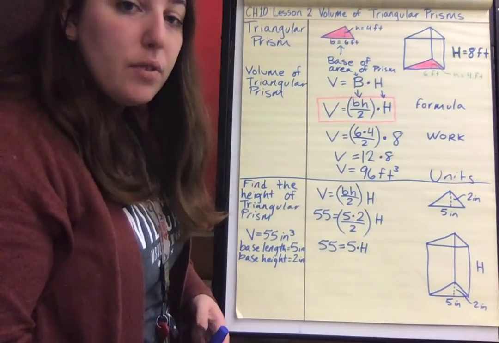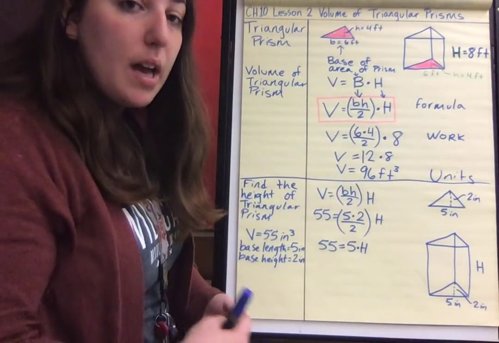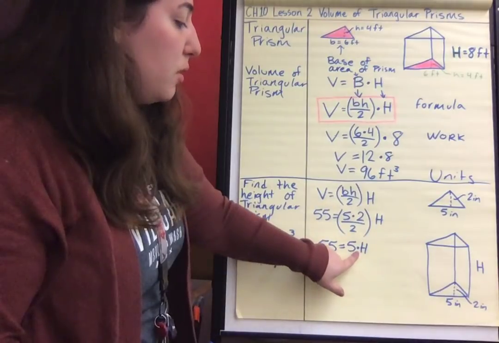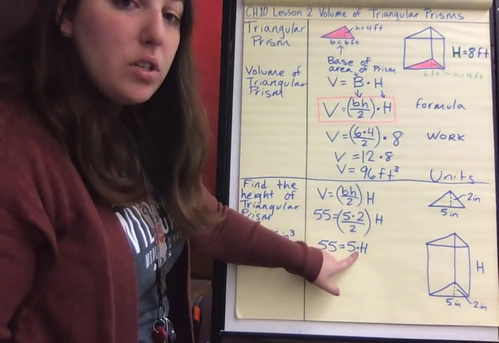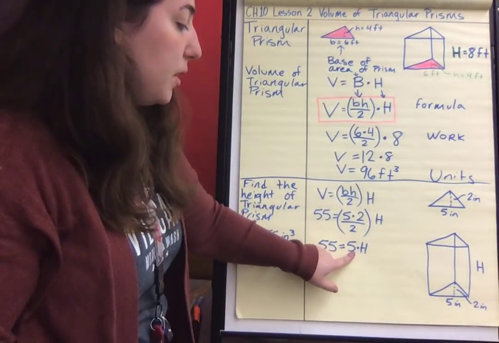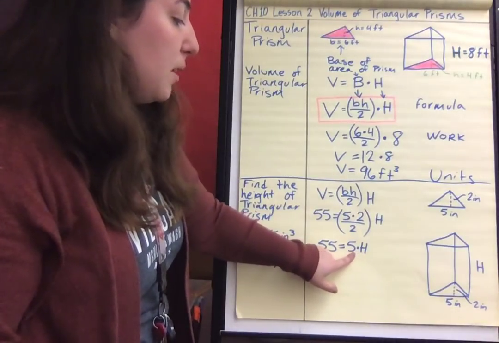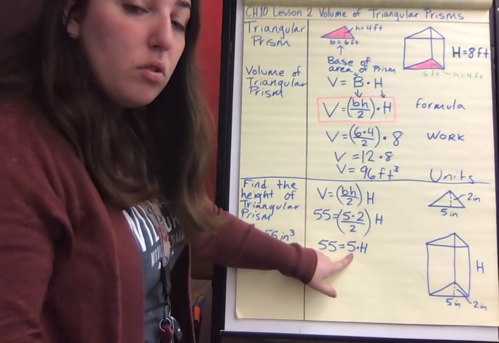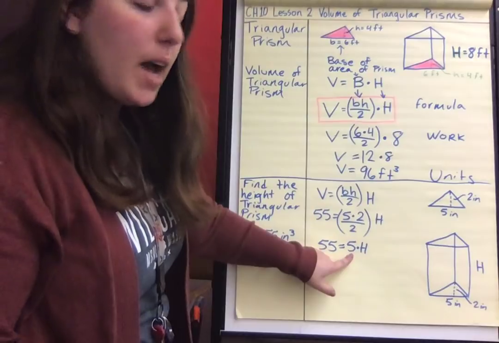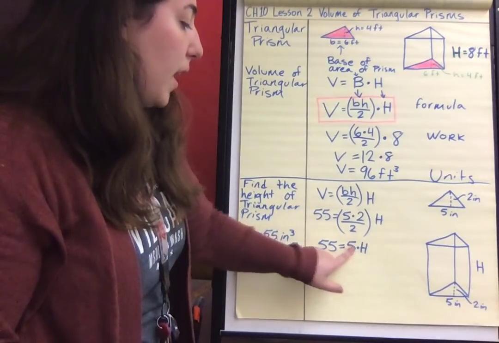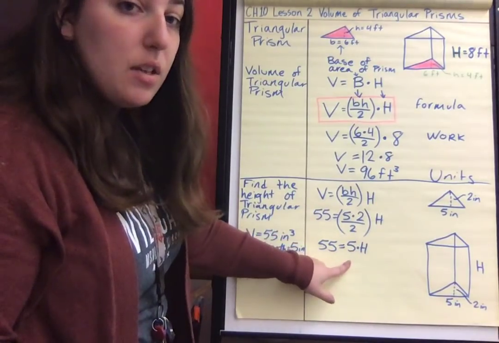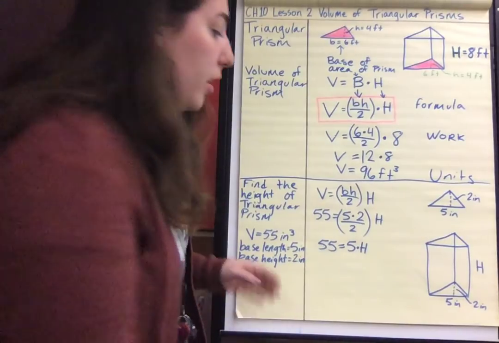Once again, inverse operations means we're using the opposite. So if this is multiplication, I want to use division. Okay, so I'm going to undo what's happening to it. We said it was being multiplied by 5, so to undo that, I'm going to divide by 5. And I'm going to divide by 5 on both sides because that's what properties of equality tell us to do.